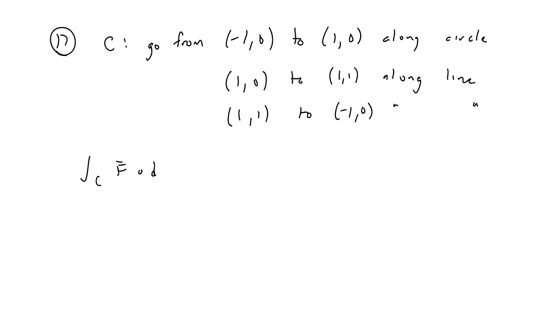And so here again, they give the path. It goes from -1, 0 to +1, 0 along the circular arc of radius 1 centered at the origin. Then it goes from 1, 0 to 1, 1 along a line segment, and then from 1, 1 to -1, 0 along a line segment. So as with 2, they made this a fairly elaborate one. But in this case, it ends up being really easy. What is the integral in this case?